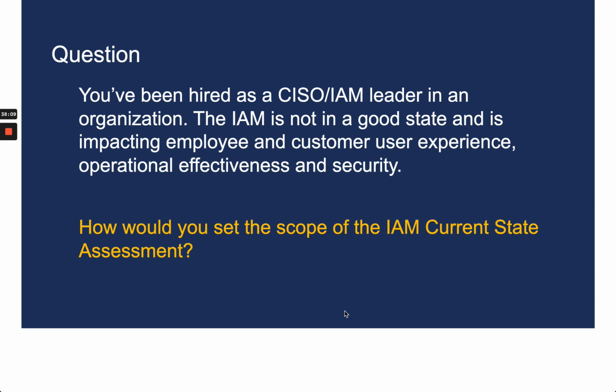So if I was to do an IAM current state assessment, another question I have for you: my scope will depend on what? What is that thing on which my scope will depend? Maybe two pieces of information on which my scope will depend.